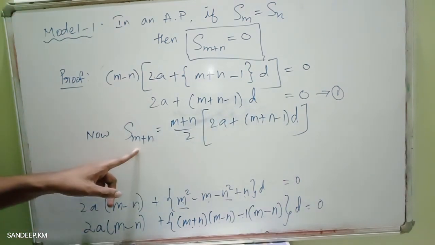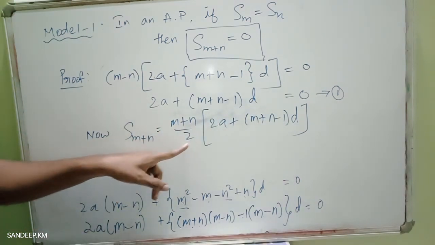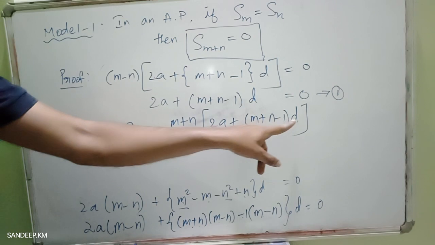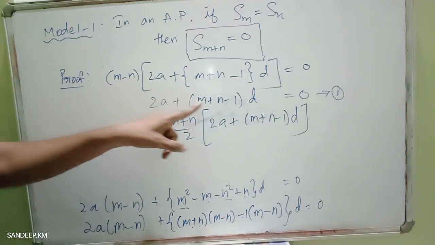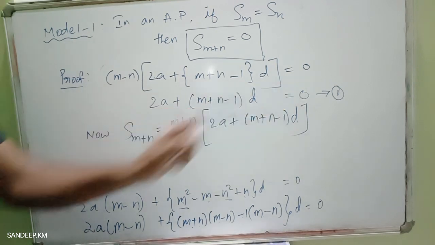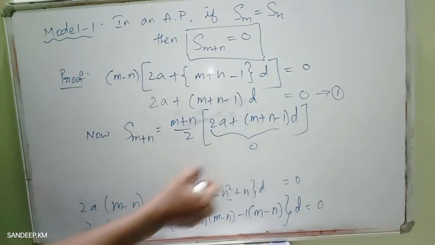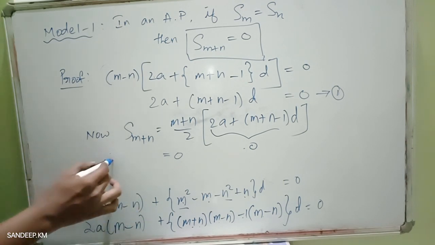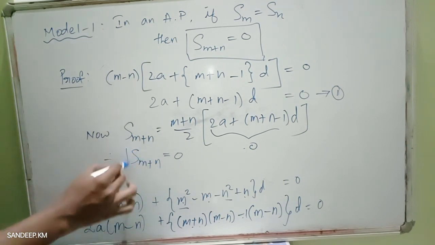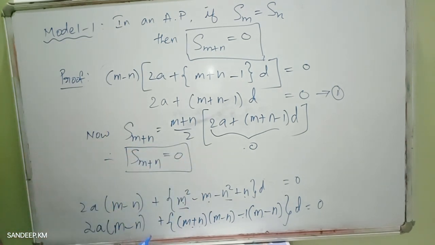So the sum of m plus n terms will be m plus n by 2 into 2a plus m plus n minus 1 into d. Just in the previous step we proved that 2a plus m plus n minus 1 into d is 0. So this entire thing is 0, and 0 into anything is 0. Therefore the sum of m plus n terms is equal to 0.